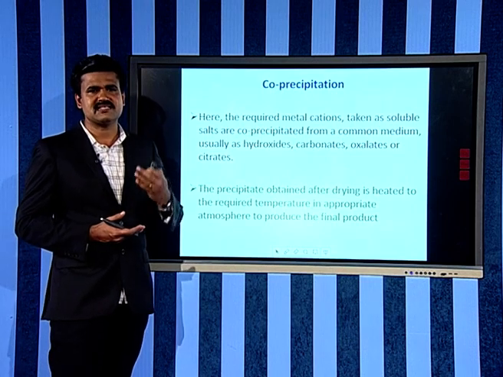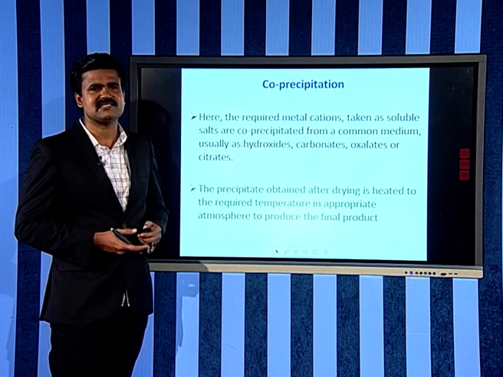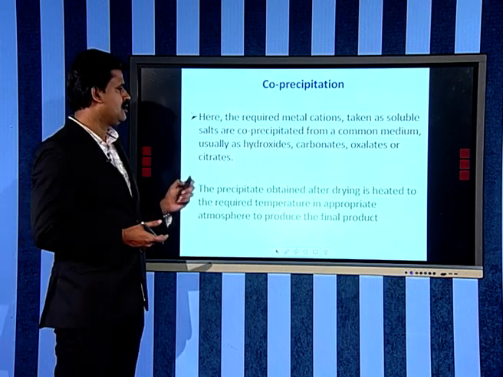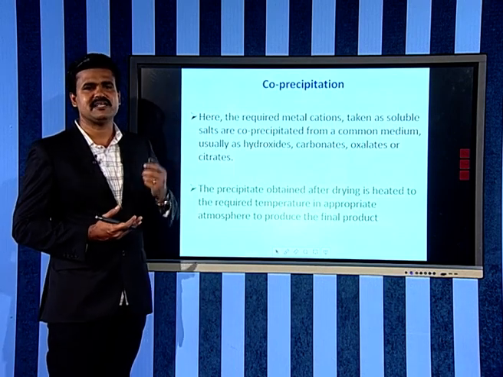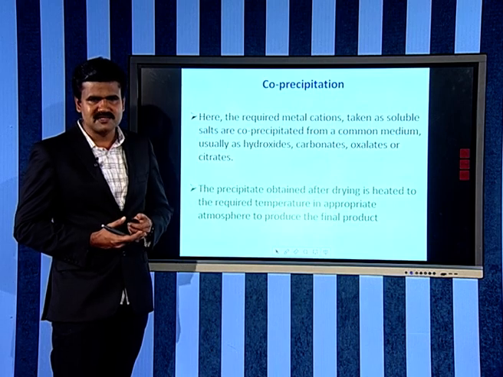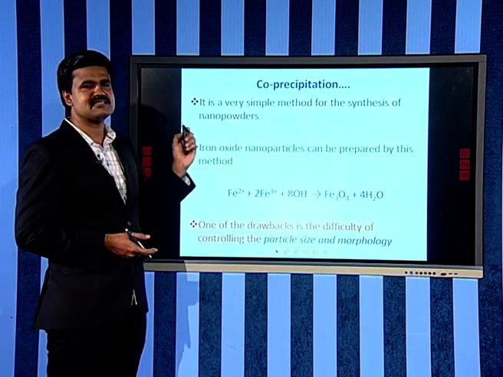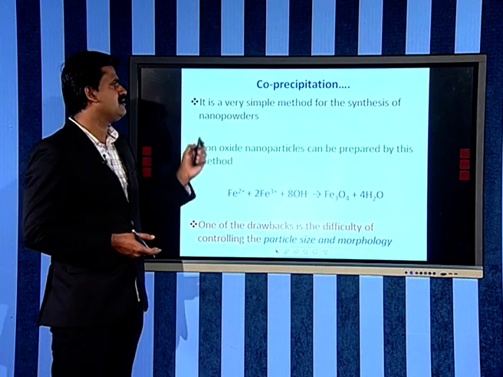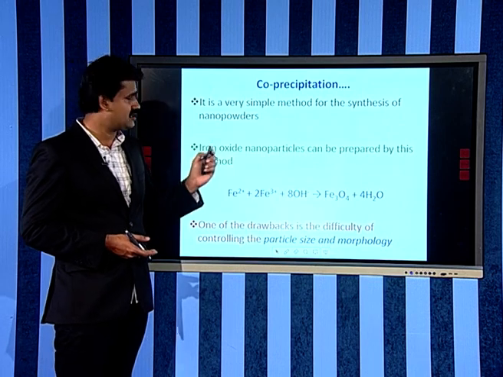Usually, the precursors are hydroxides, carbonates, oxalates or citrates. The precipitate obtained after drying is heated to the required temperature in appropriate atmosphere to get the final product. Co-precipitation is a very simple method for the preparation of nano powders, that is nanoparticles in powdered form.